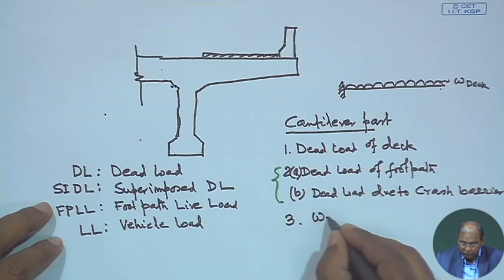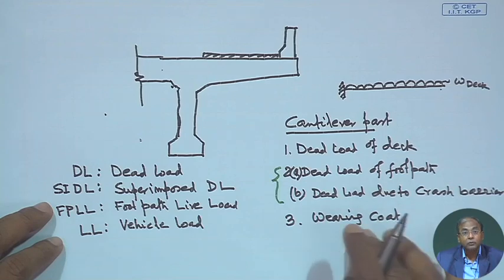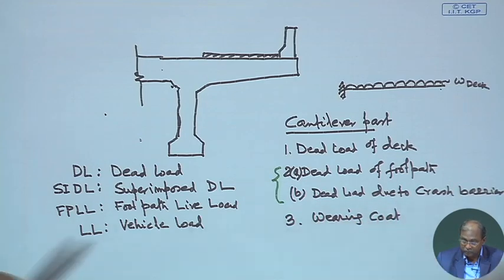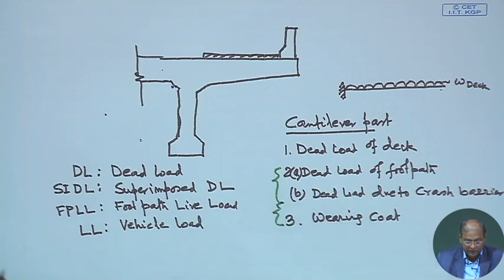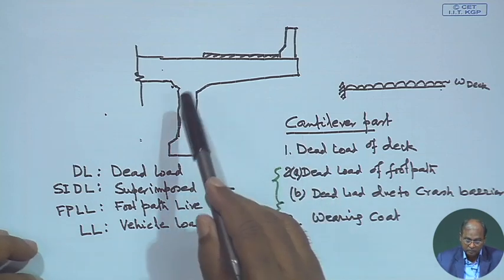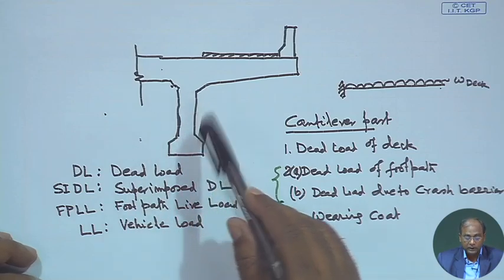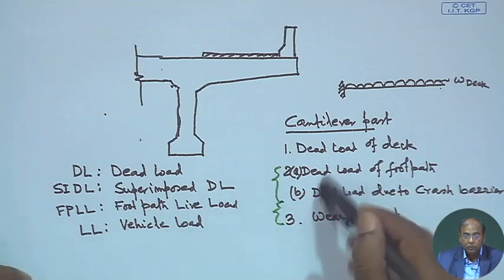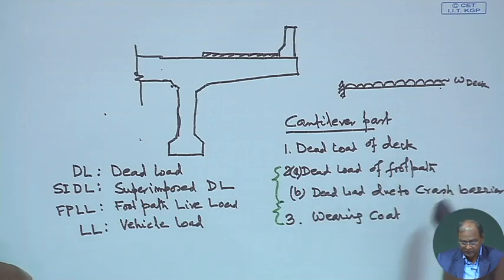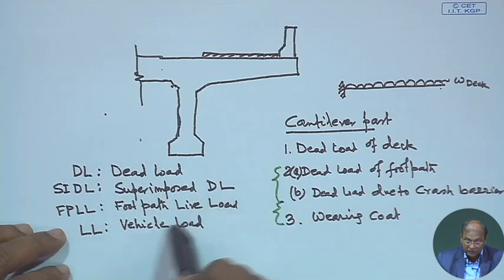Wearing coat will also be your superimposed dead load. Dead load means we are talking only about the deck and your beam web, because that is what we are constructing, and over that you are putting all of them, that footpath, crash barrier, all those things, and footpath live load.